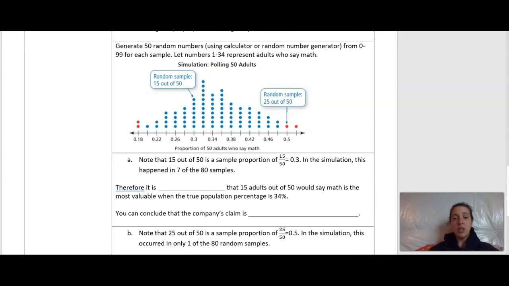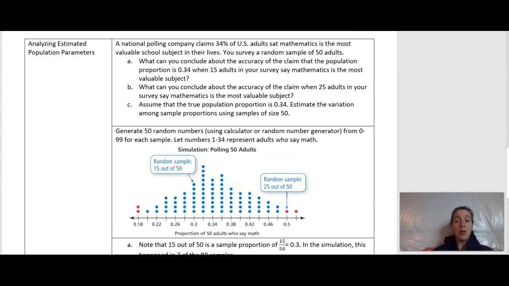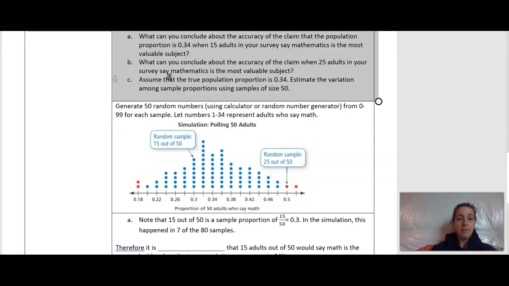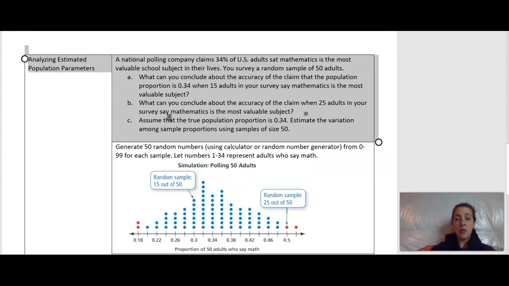So the first thing we're going to do is generate 50 random numbers using a calculator, using a number generator, something like that, from 0 to 99 for each sample, because that's looking at percentage, right? Since we're looking at percentage, 0 to 99 would kind of be our percentages. So 0 through 34, since we're saying that 34%, say that math is the most important.